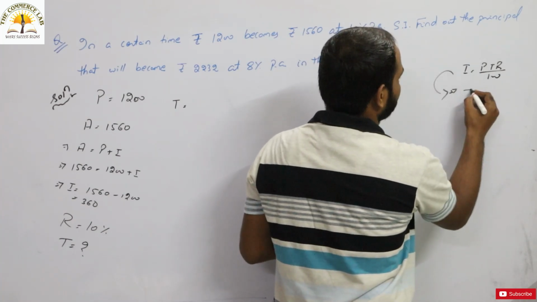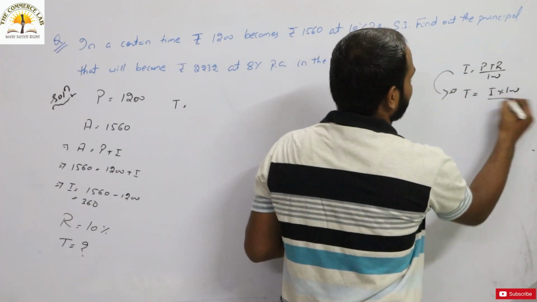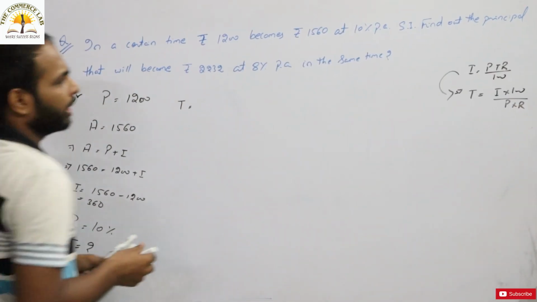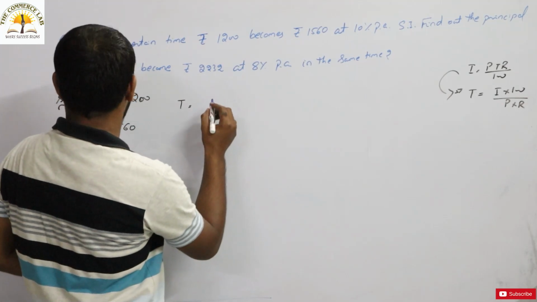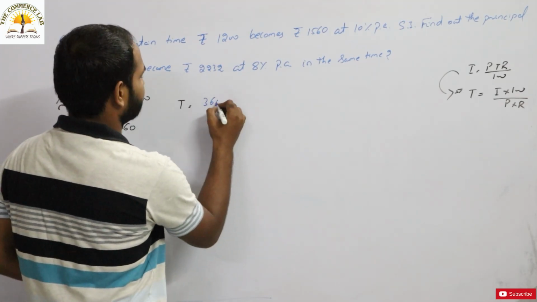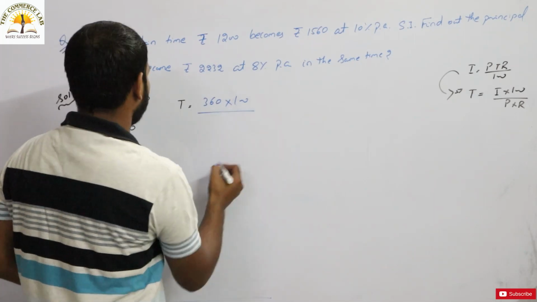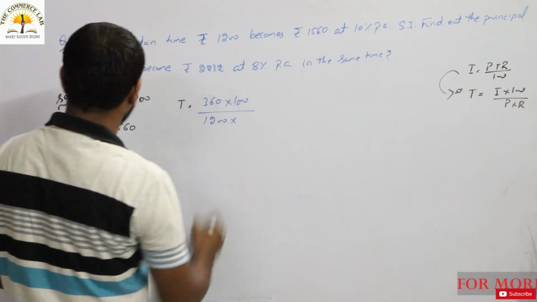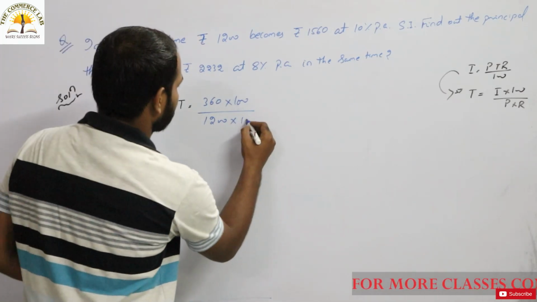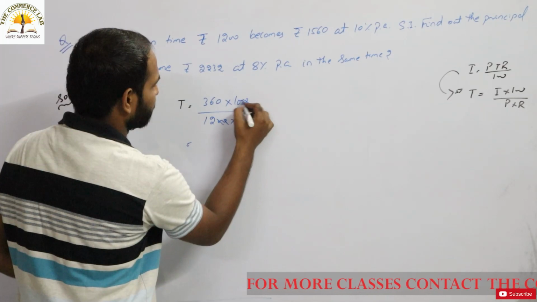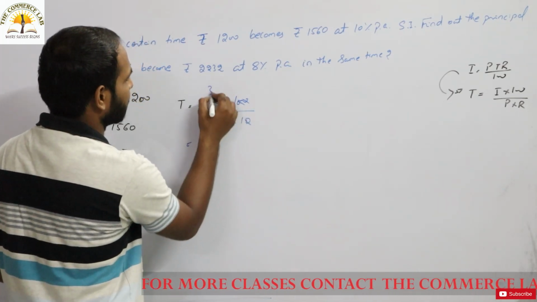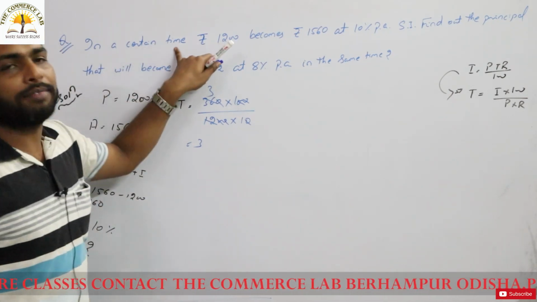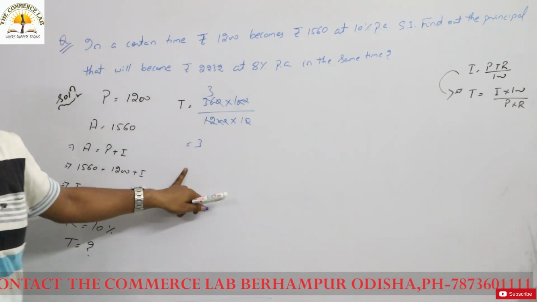From this we can derive T equal to I into 100 by P into R. We have already discussed that one. T equal to I is given, 360 into 100 by P is given 1200 into R is given 10. So zeros cancel, 12 and 12, 3. So T is 3 years. So in a certain time, that duration is 3 years.